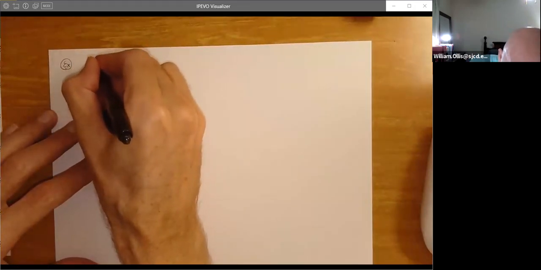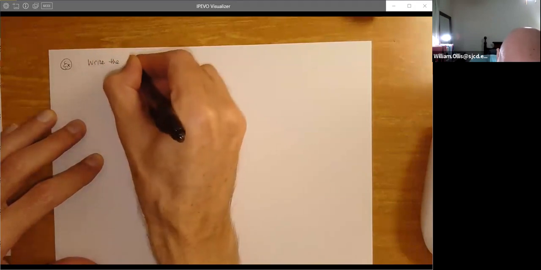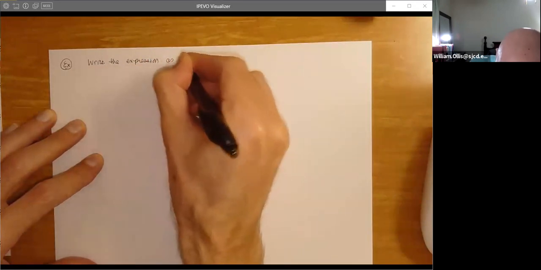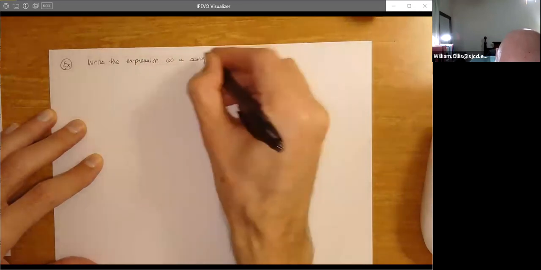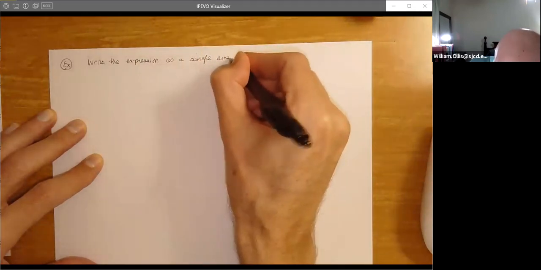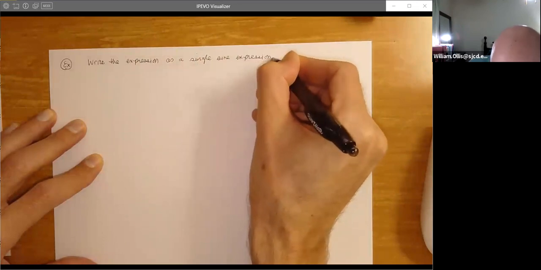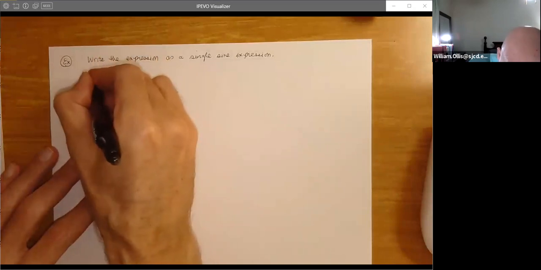We want to write the expression as a single sine expression. So we're going to have a sum that we're going to put together. Here's what we have. I just made this up.